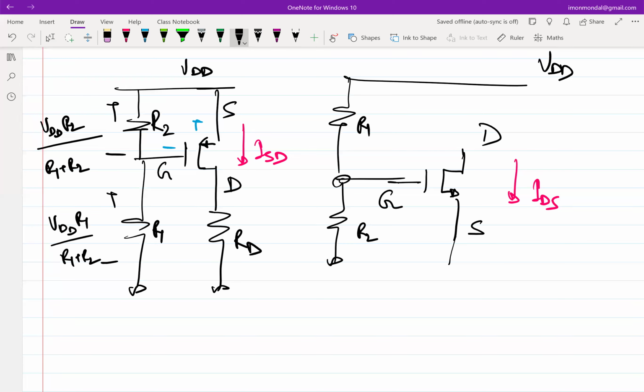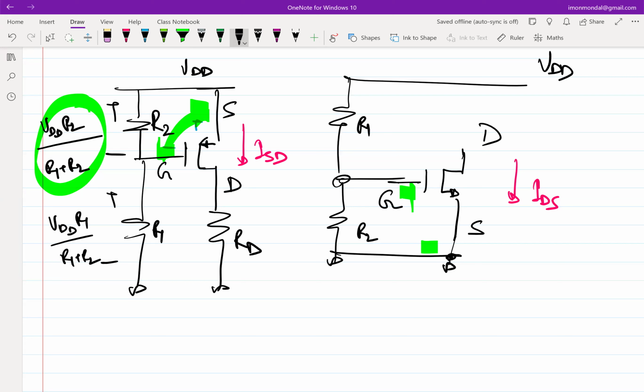Pardon? So the question is, the source to gate voltage here is VDD times R2 by R1 plus R2, right? So I want the same gate to source voltage here. I got the gate voltage. What should be the source voltage? Ground, right? Absolute zero. So it should be ground.